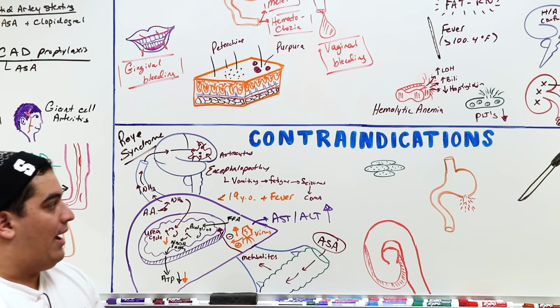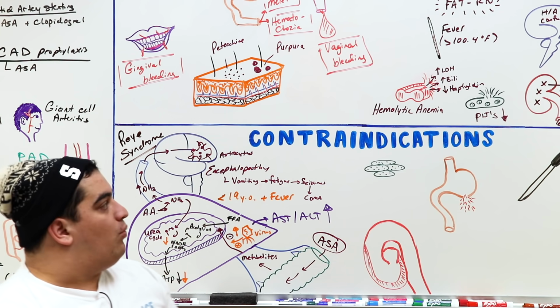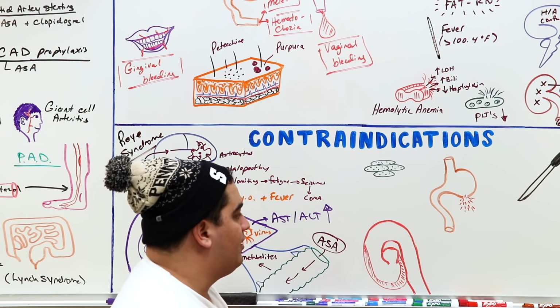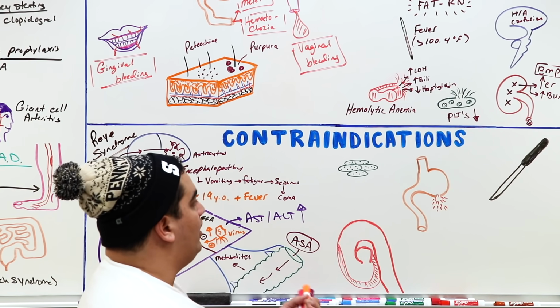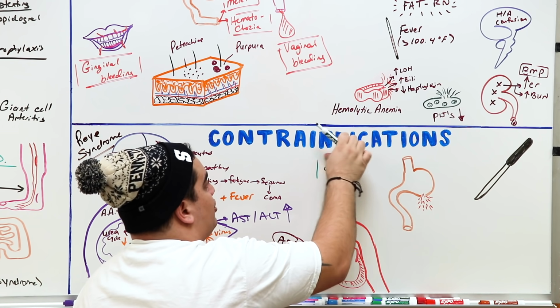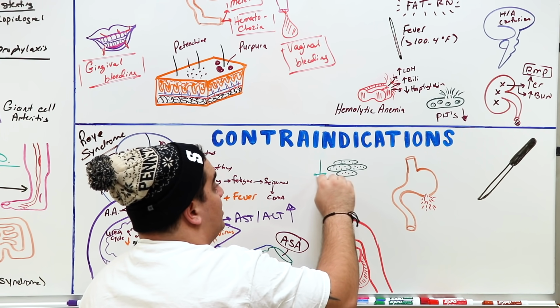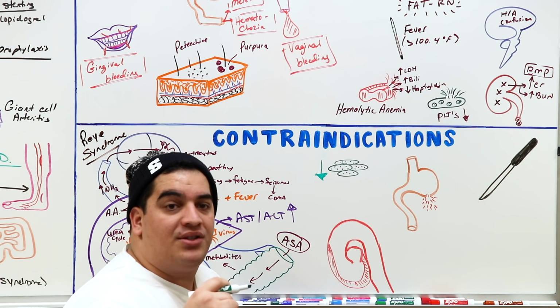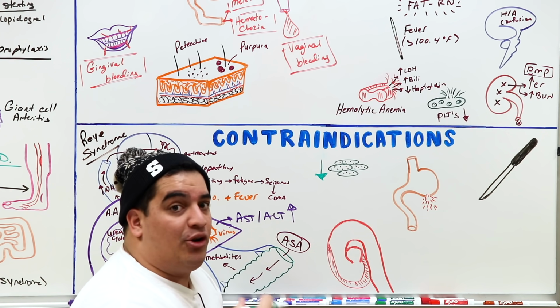Another thing that we have to talk about really briefly here is what are some other reasons why you would not want to give someone some of these antithrombotic agents? What if they already have really low platelets? Especially one of the big ones is Abciximab. Your GP IIb/IIIa inhibitors, they really can drop down your platelets.